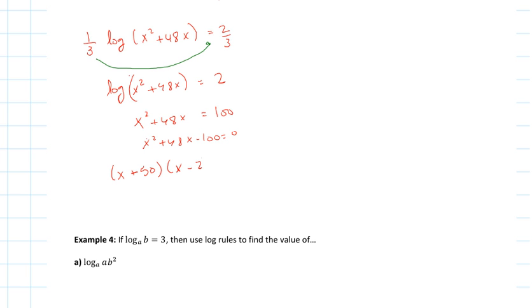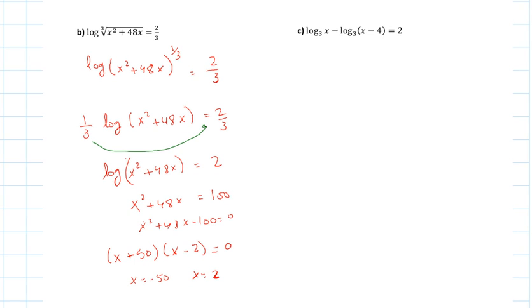And then if I go back here, if I have negative 50, that's going to be a big number and it's going to be positive. So you plug it in, right? You have to plug it in. You don't just assume that because it's negative, that means it doesn't work.